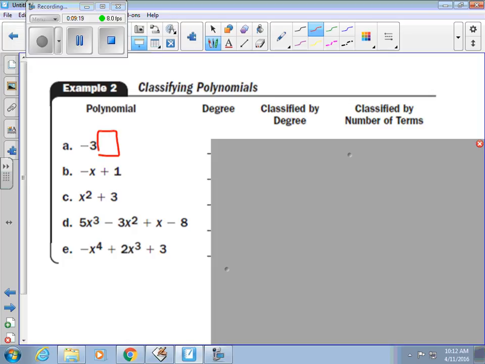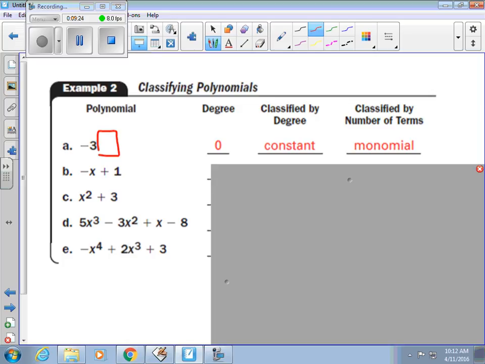Therefore, its degree is 0. It's considered a constant term, and it only has one thing, so it's a monomial. So this is considered a constant monomial with a degree of 0.